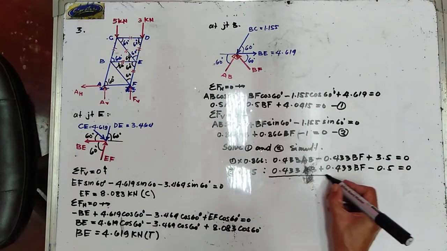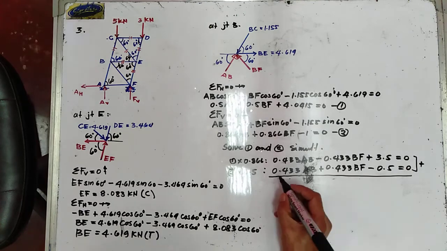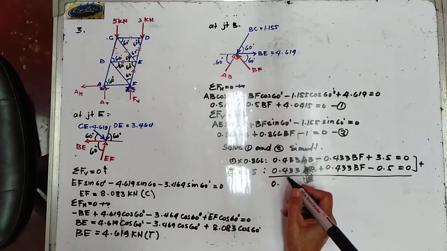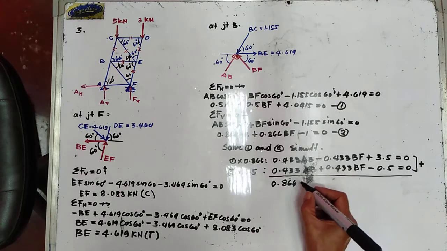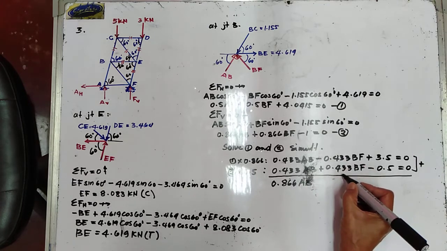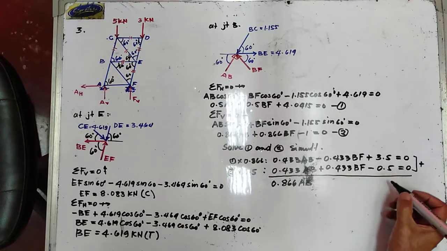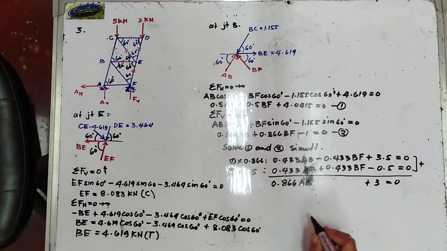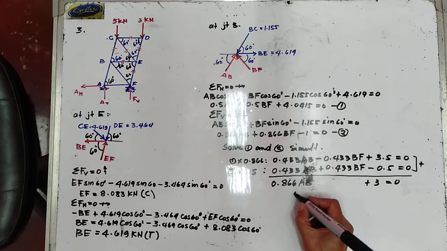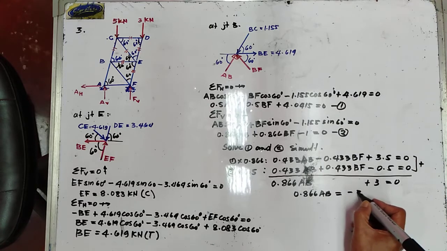So let's add the two equations. If we add the two equations, this is now 0.866 AB, and then we have 3.5 plus 3, is equal to 0. So 0.866 AB is equal to negative 3.